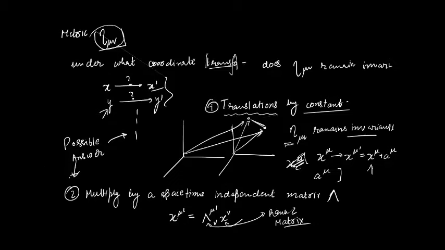Now in matrix notation, again, this can be written as x prime is equal to lambda x.